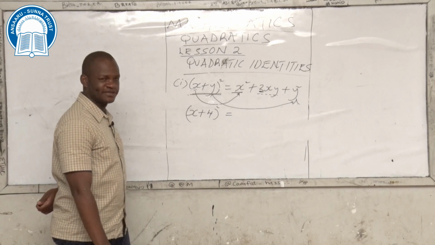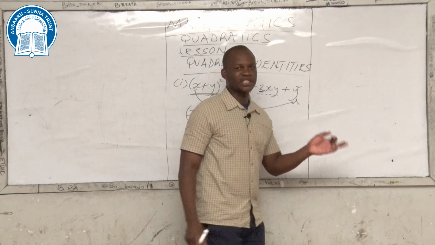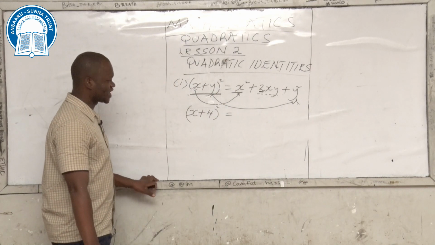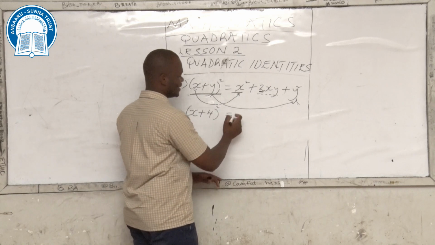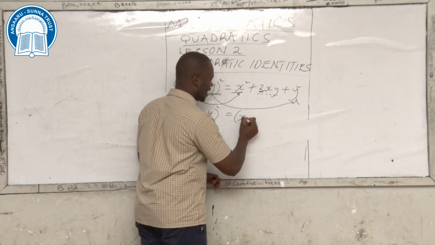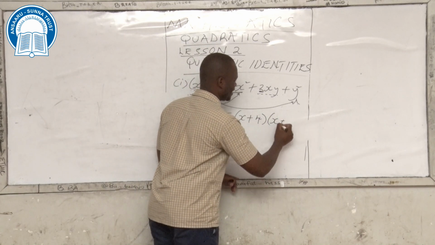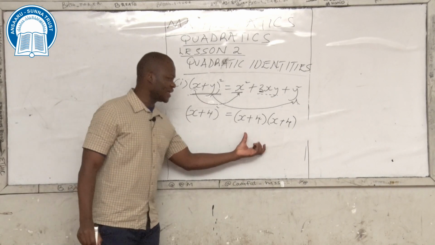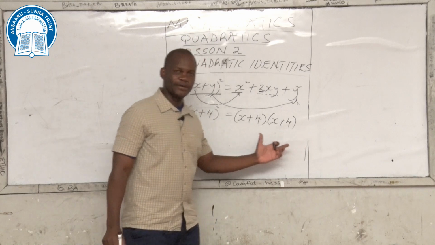Now, before I use the quadratic identity, we are going to expand it using, of course, the long multiplication. So, x plus 4 squared means x plus 4 times itself twice. So we have x plus 4 times x plus 4.